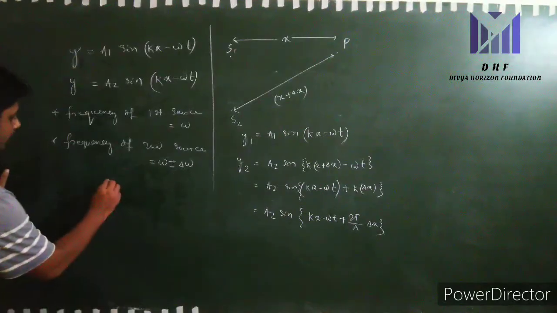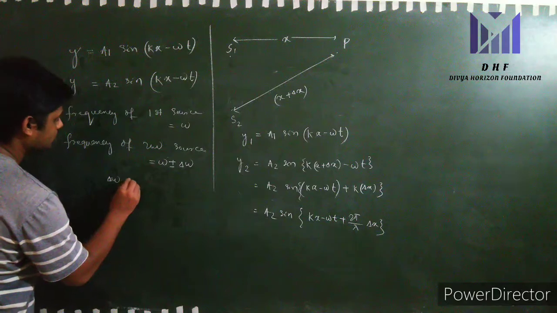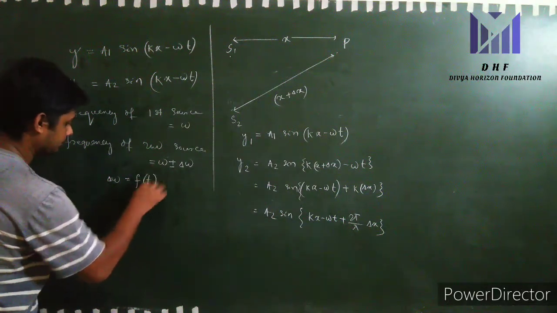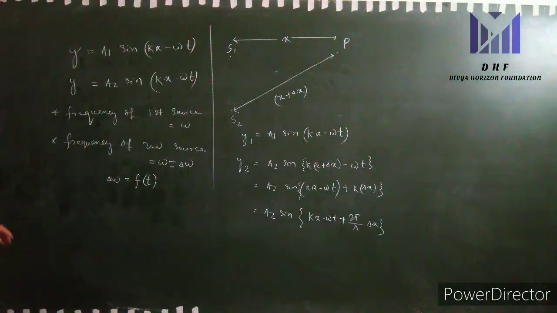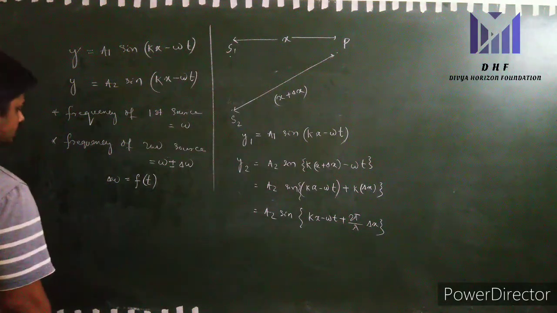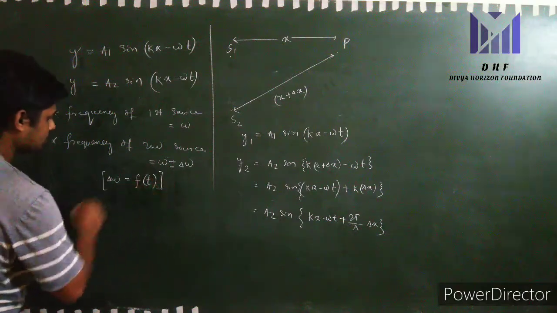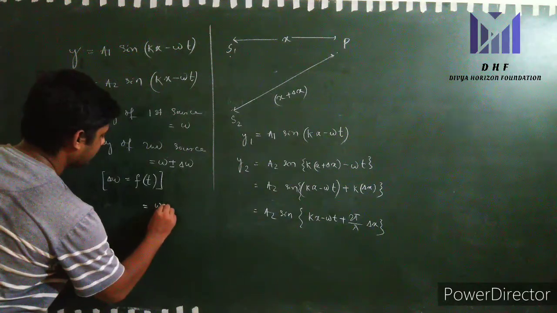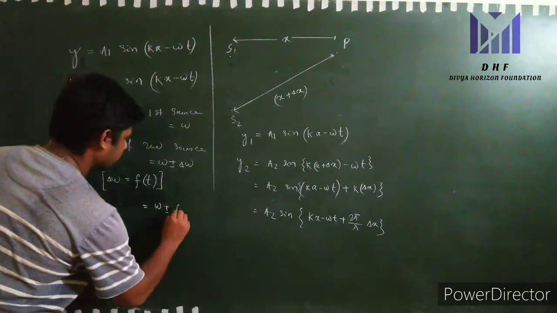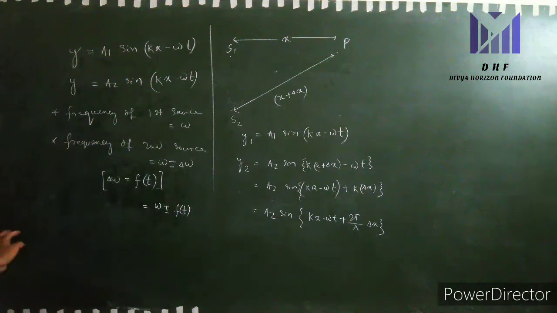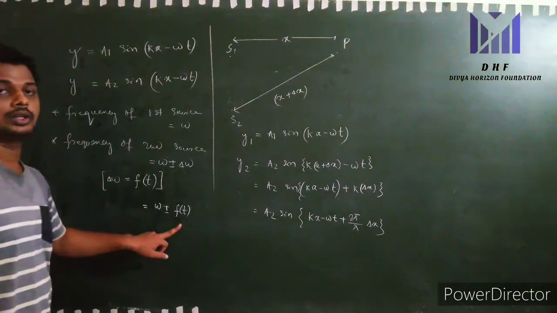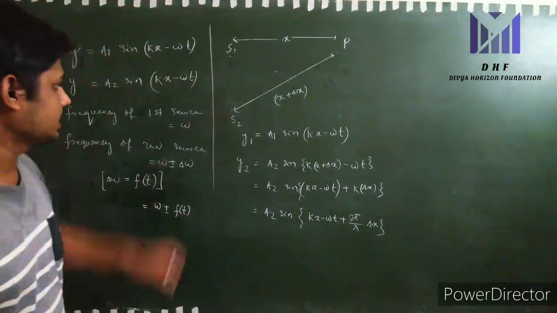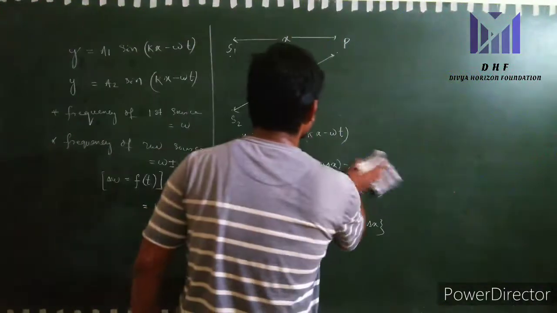So del omega must be a function of time. So the frequency of the second wave can be written as omega plus or minus f of t, because del omega varies with respect to time. If we put this condition in this case, let's see what we will get.